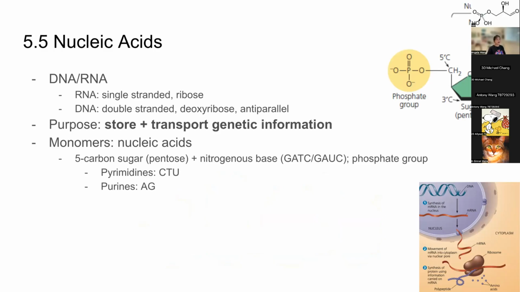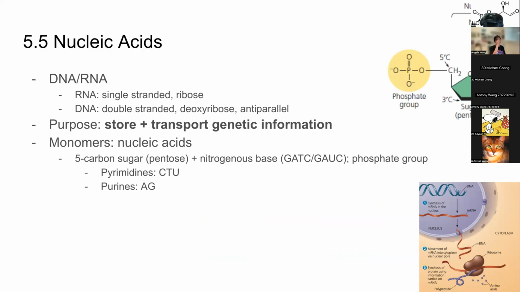And also RNA contains ribose while DNA contains deoxyribose, and the two strands run anti-parallel to each other. So the purpose of nucleic acids is to store and transport genetic information.